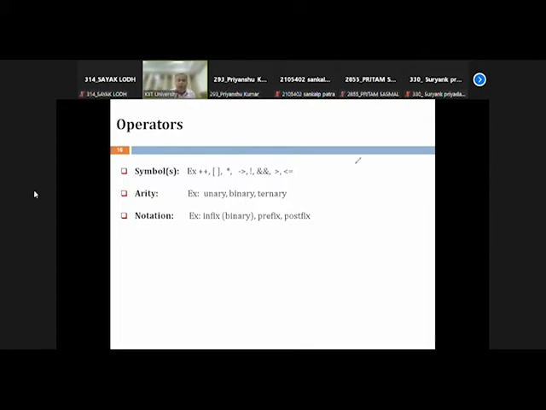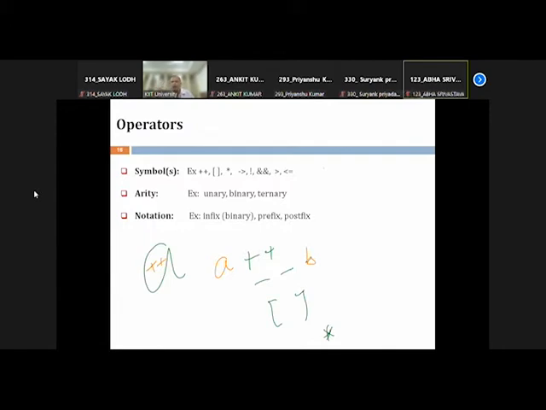But for unary operators like plus plus, minus minus, bracket, and star, can I write A inside this plus plus? Can I write this infix? Is it possible? No, sir. So a unary operator can be either prefix or postfix. Unary operators like plus plus and minus minus can be used as either prefix or postfix.